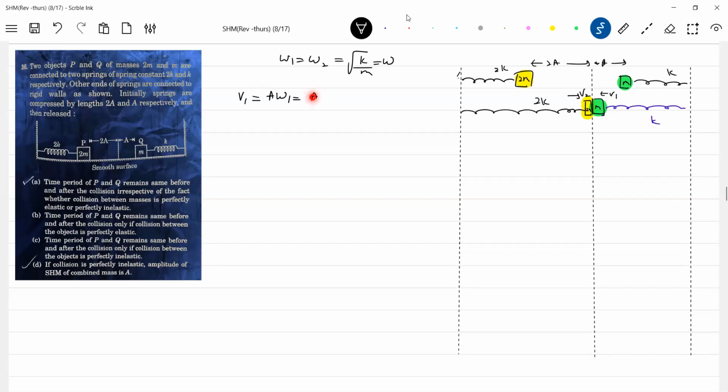Write it omega. Elastic collision takes place. So 2m v2 minus m v1. First, we'll go for elastic collision. 2m v3 minus m v4.